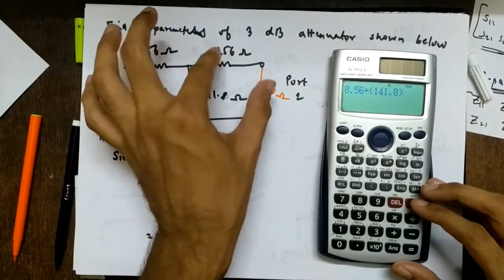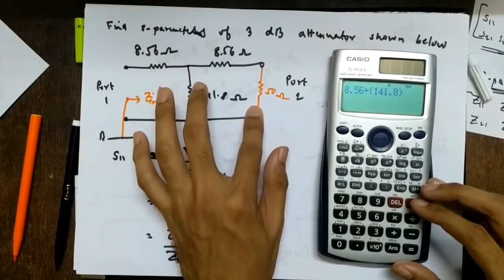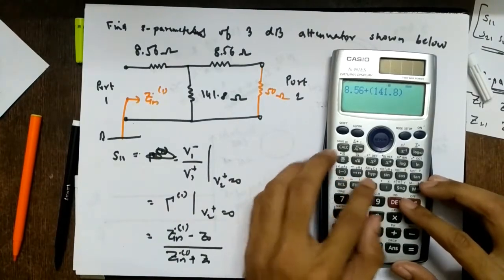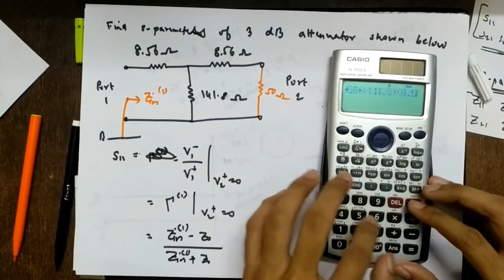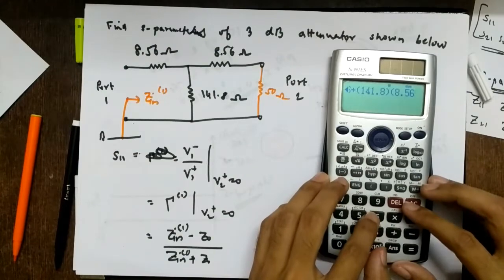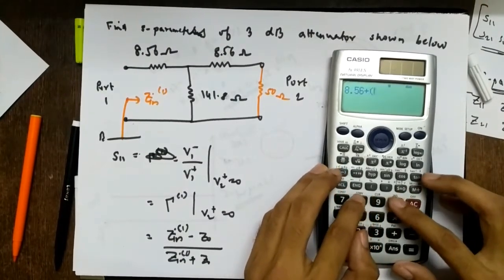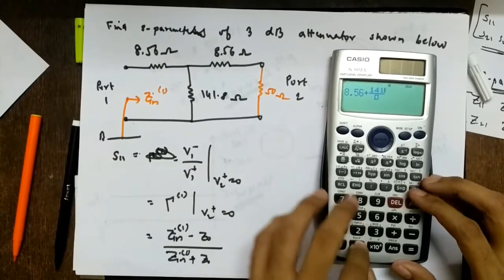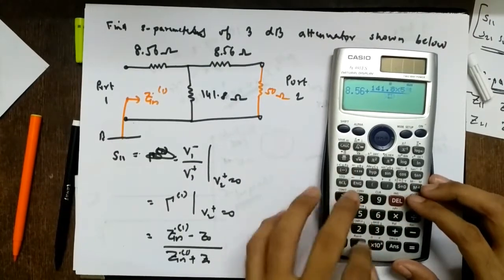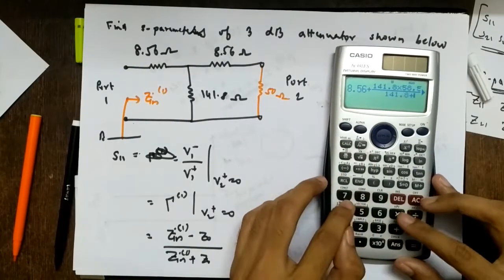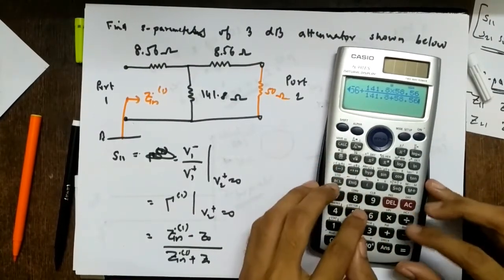These two are in series, so 8.56 plus 50. So I'll directly write 141.8 into 58.56 upon 141.8 plus 58.56.